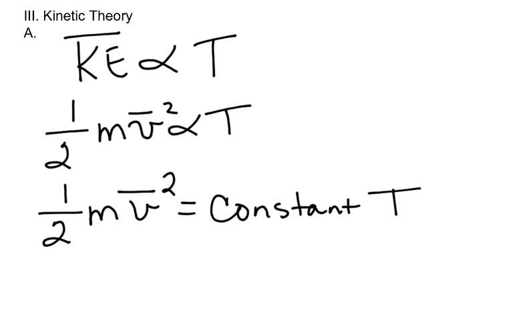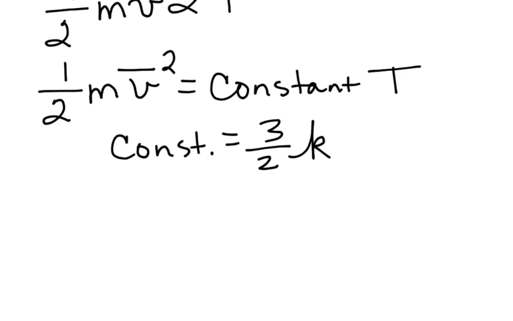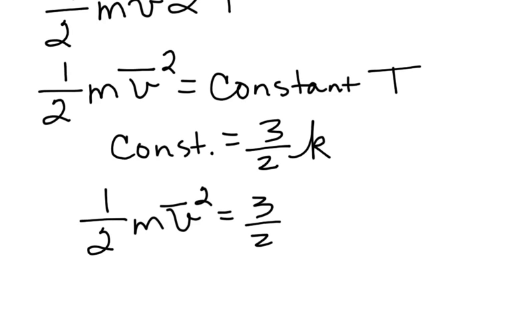This constant ends up being 3 halves k, where k is the Boltzmann constant. So putting this formula together, we have 1/2 m, the mean speed squared, is equal to 3 halves kT. This is our kinetic theory of temperature.